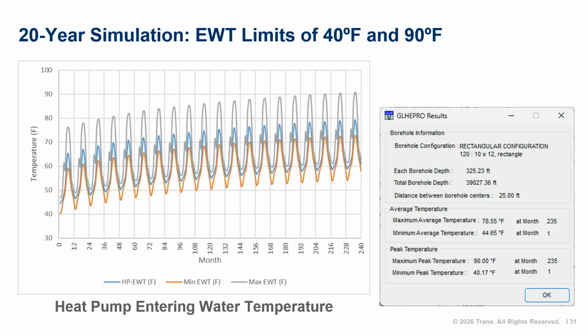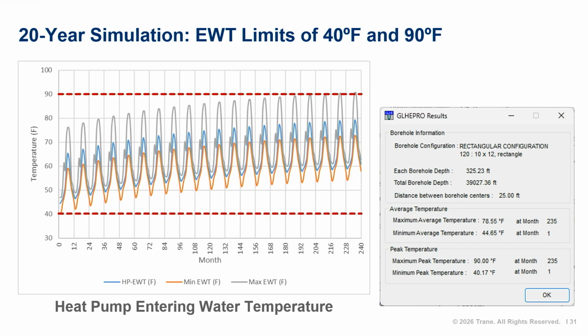Since geothermal systems are designed for many years of reliable operation, the year-over-year temperature drift must be considered. For this example, we're looking at a 20-year window for sizing the borefield. The blue line is the average entering water temperature for each month, gray is the maximum value, and orange is the minimum.